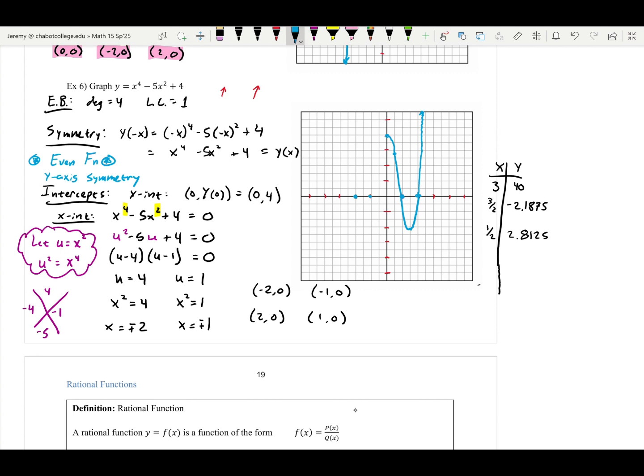Now, I'm just going to reflect each of those ordered pairs that I just found over on the other side of the y-axis, because I know that I have y-axis symmetry because this is an even function, and I'm just going to sketch in the curve like that. So there it is.